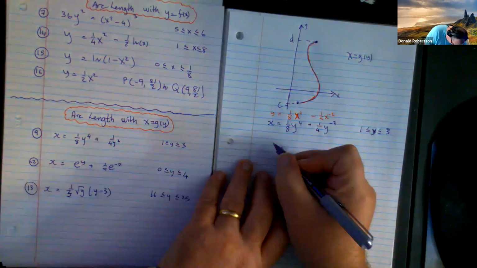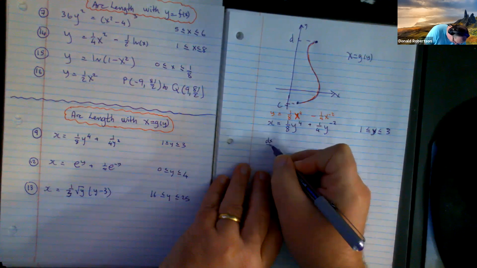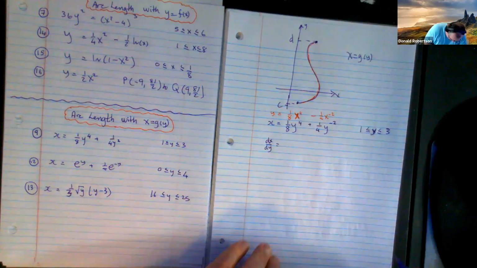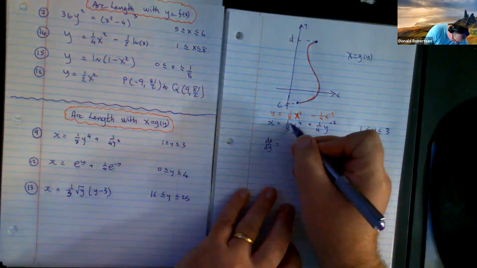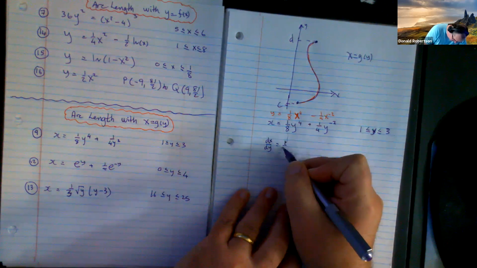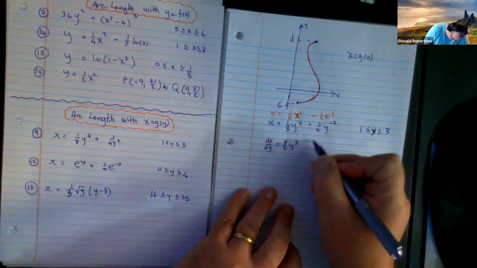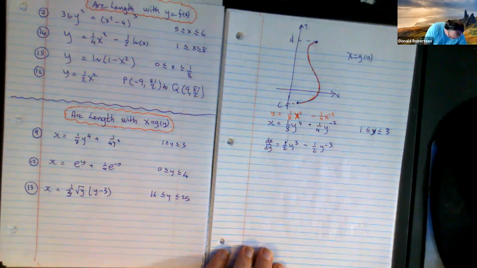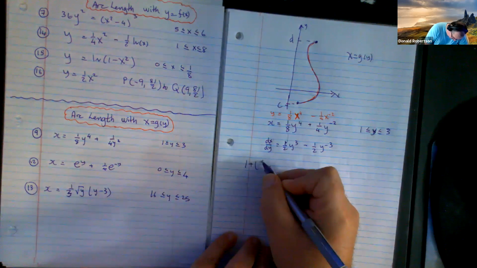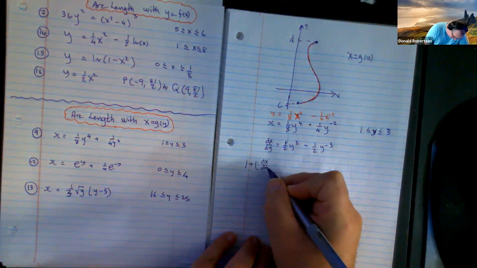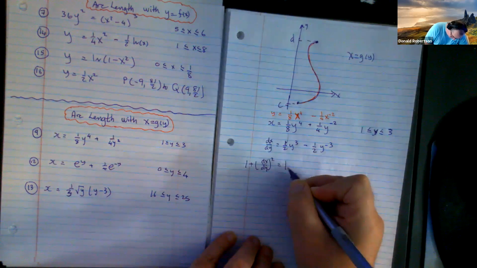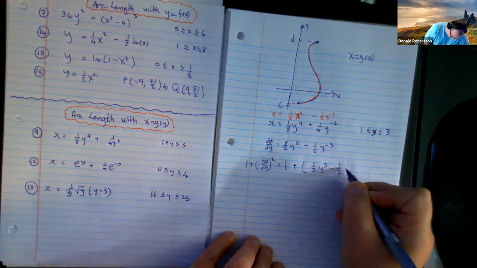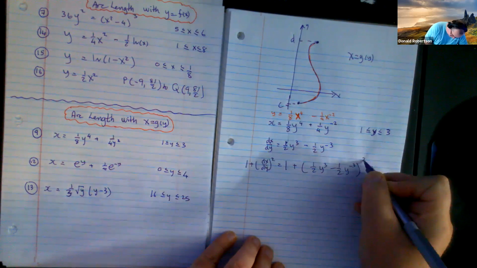So we're going to differentiate this guy. I'm going to use that notation for the derivative, because when the x's and y's switch place, it's kind of hard to understand what's going on. Multiply by the power, reduce the power by 1. Multiply by the power, reduce the power by 1. 1 plus the derivative squared is 1 plus this guy squared.